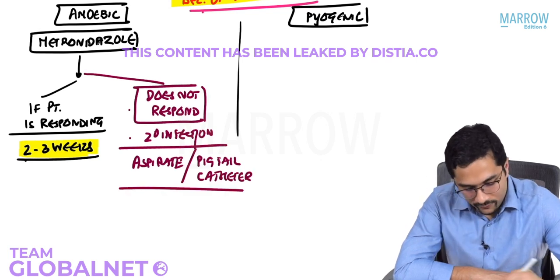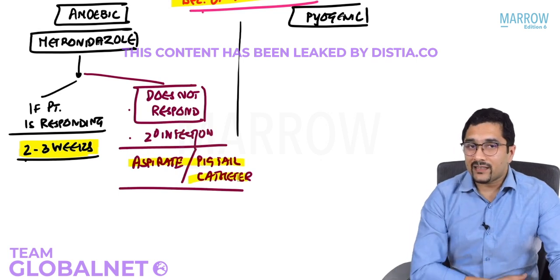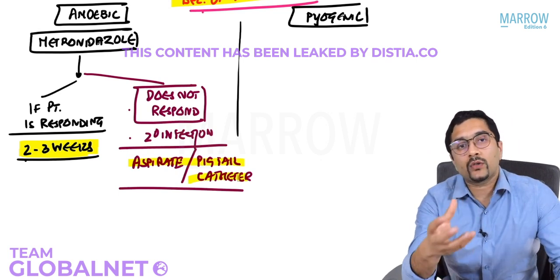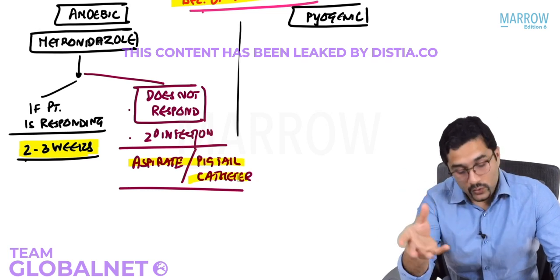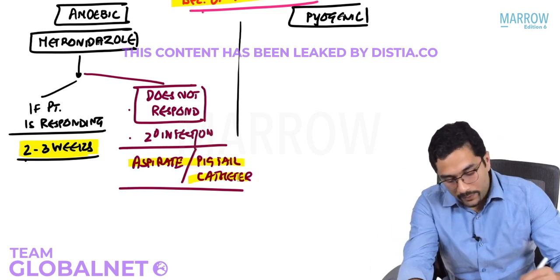I've already told you about pigtail catheters in the module when I spoke about postoperative fever. Pigtail catheters are used for draining abscesses, so we can put in a pigtail catheter.